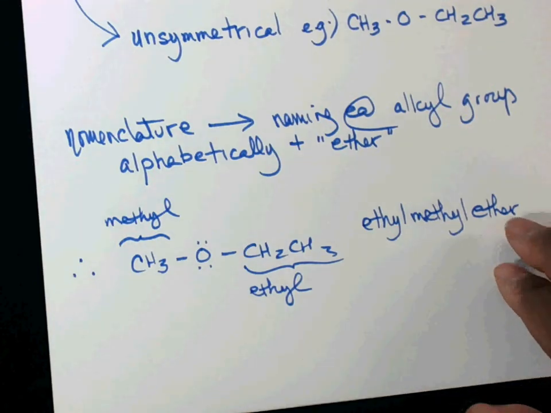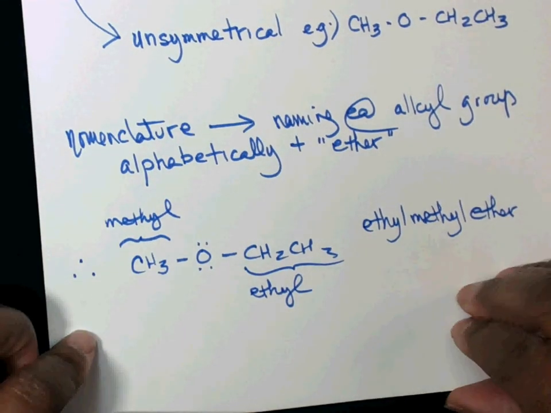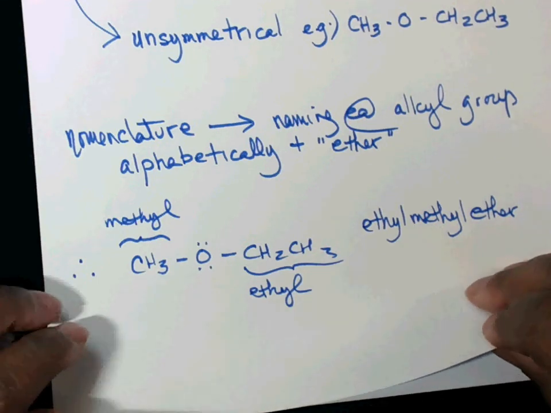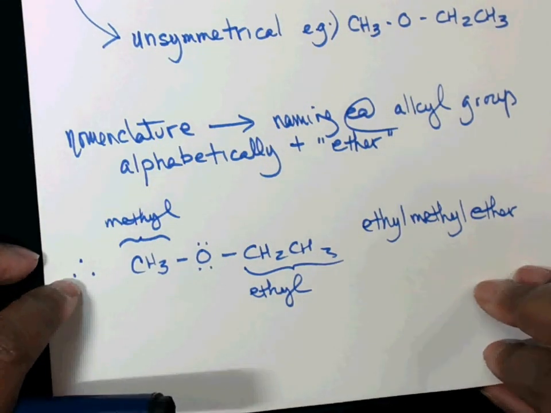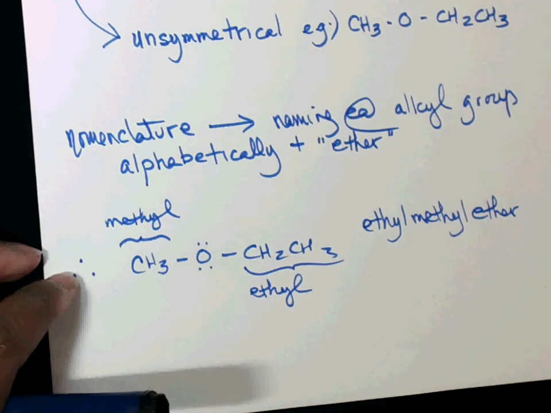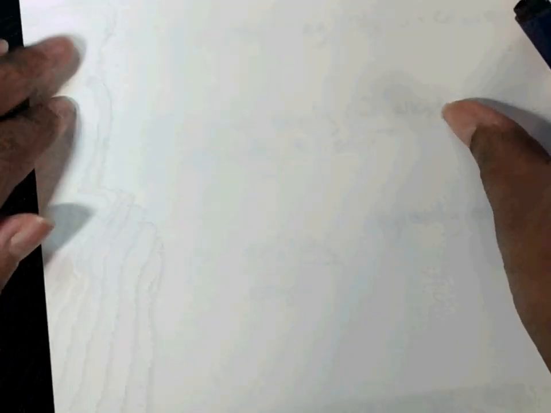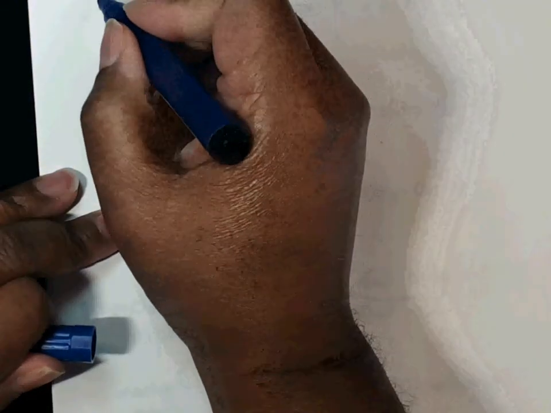Now, what if the alkyl groups are symmetrical? Well, we just saw one of those. I believe my other ether was one with two ethyl groups.